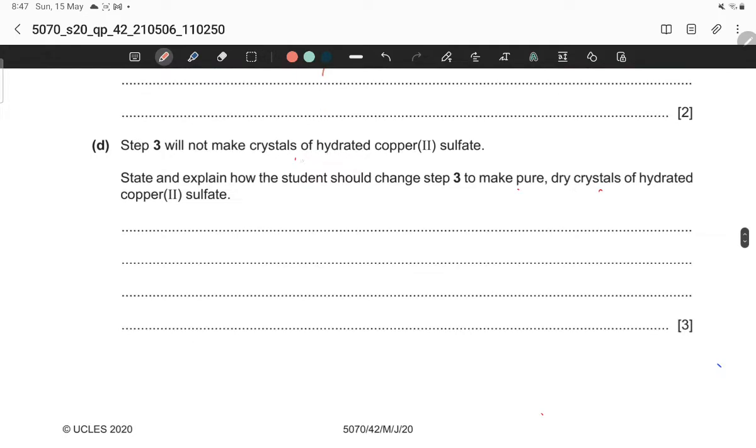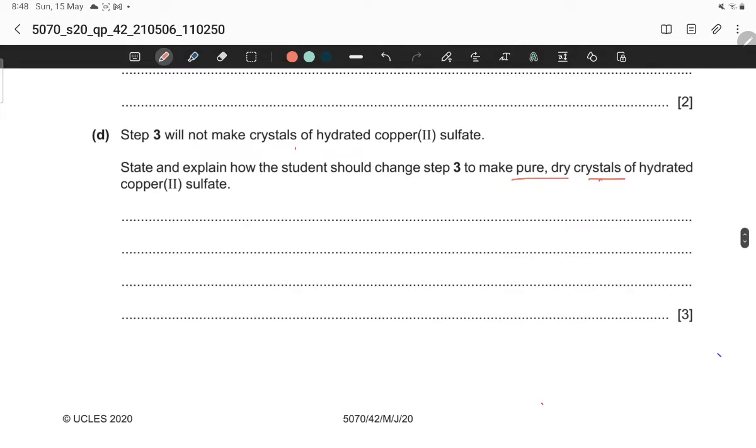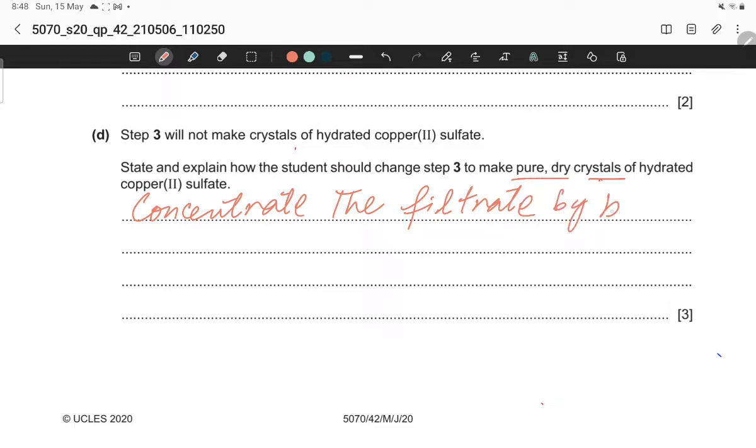Step 3 will not make crystals of hydrated copper 2 sulfate. State and explain how the student should change step 3 to make pure dry crystals. Concentrate the salt solution, concentrate the filtrate by heating, but not till dryness.